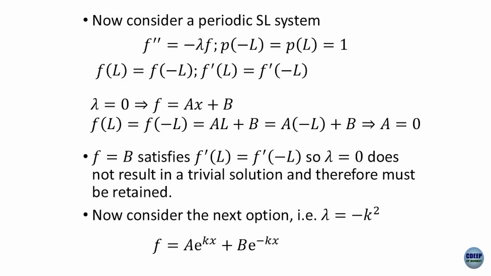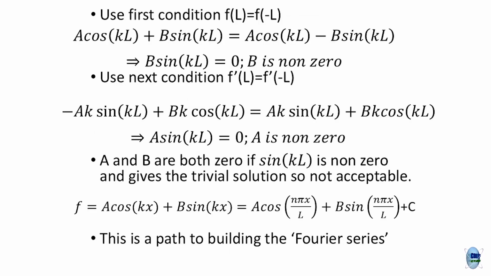Have we seen this in the past? This is nothing but the Fourier series, right? It's not exactly the Fourier series. I'm saying it is the path, so-called, to build my Fourier series. Why? Because this f, which is the solution of this, and what did we say about the Sturm-Liouville system? We said that each of the eigenfunctions were all orthogonal.